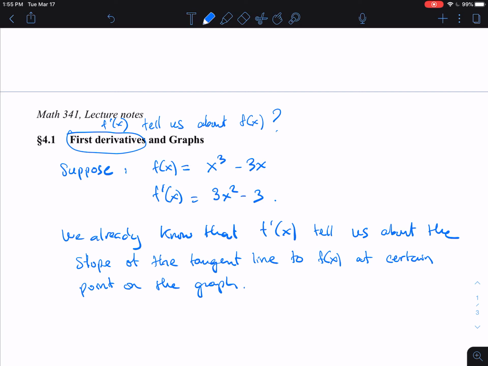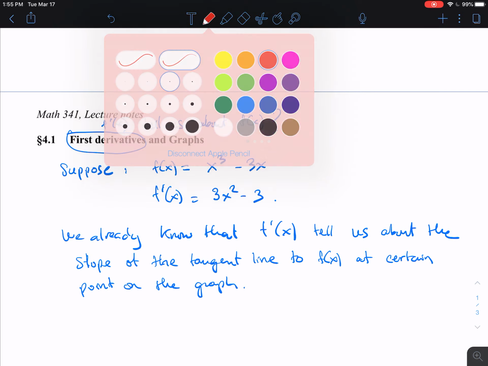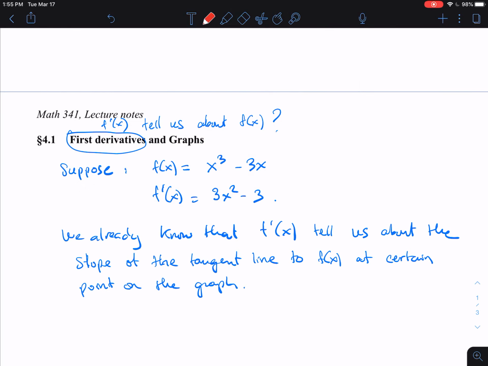But what we really want to find out is, in general, what does that say about the values of f of x? That's the goal there. We want to answer that question.